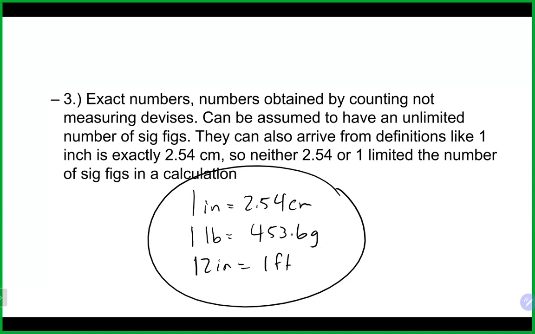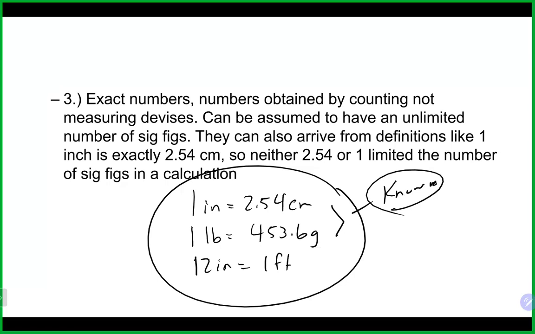Later on, we're going to talk about doing calculations involving significant figures, and once again, you will ignore their contribution. You will really look only at the measured numbers that have significant figures in terms of how far you should take your answer. By the way, these are a couple here that they do want you to know, so make sure you do know those.